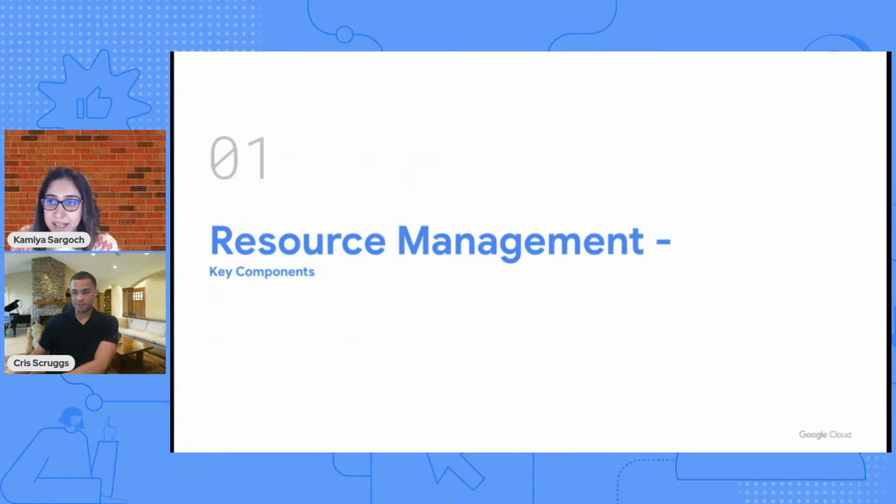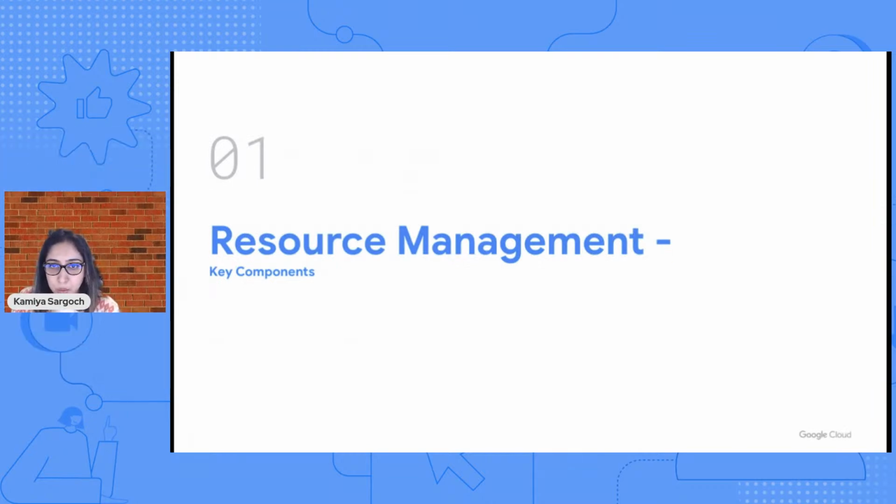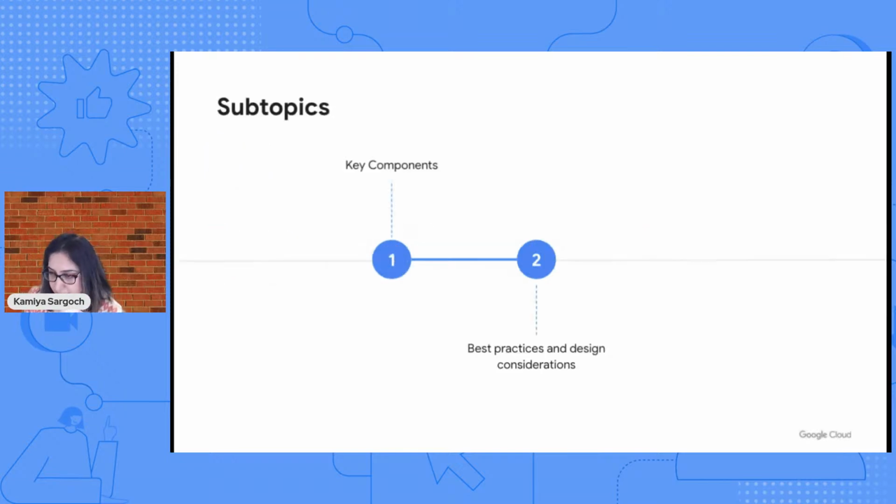Thanks, Cris. So let's jump right in. Resource management. What is resource management? It's all about organizing your cloud resources in a way that supports your organization and your cloud ops model. A well-designed hierarchy simplifies your access management, cost control, security, and operations, and potentially reduces the complexity that comes much later and reduces errors.